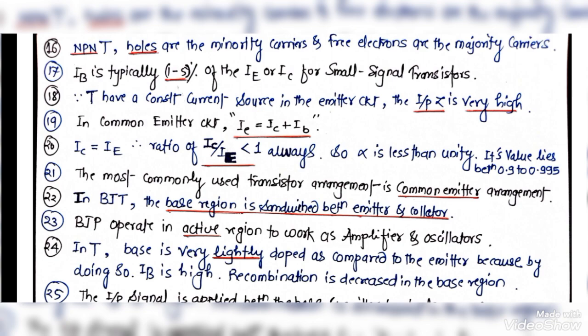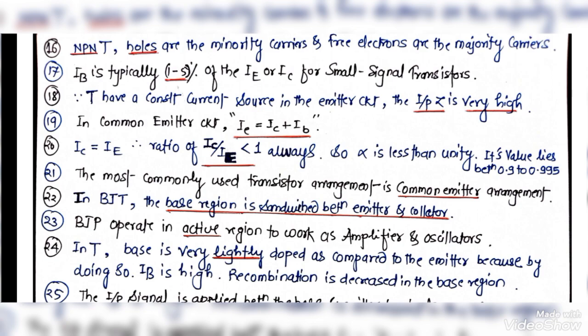Base current is typically 1 to 5% of the emitter current or collector current for small signal transistors. Since transistors have a constant current source in the emitter circuit, the input impedance is very high. In common base circuit, IE is equal to IC plus IB.